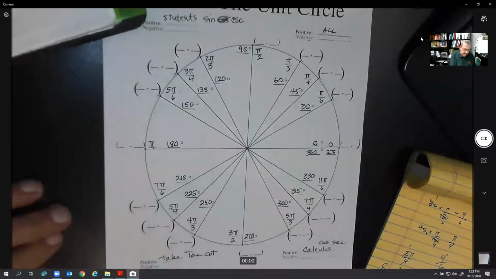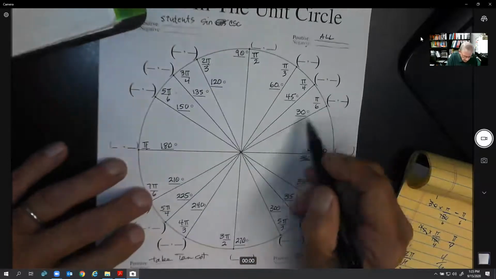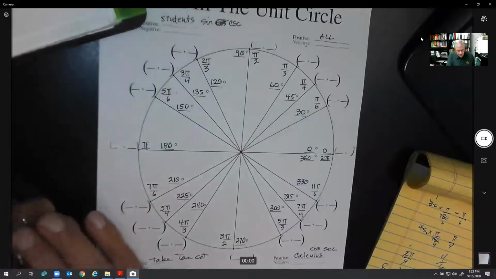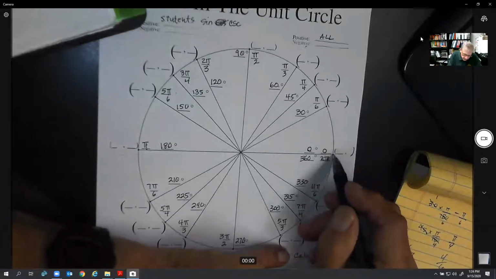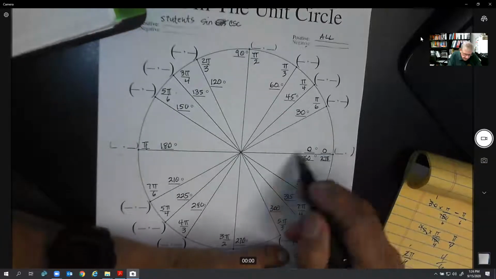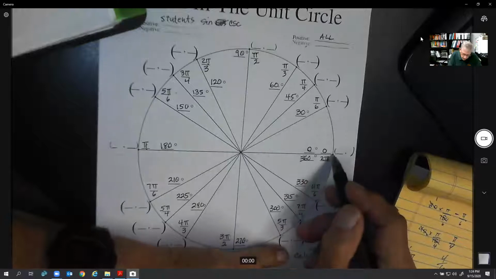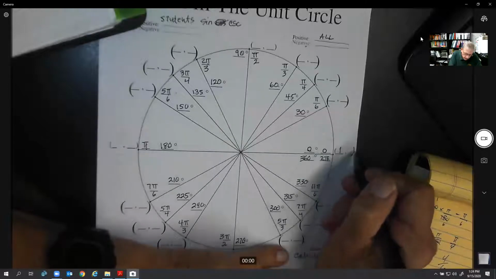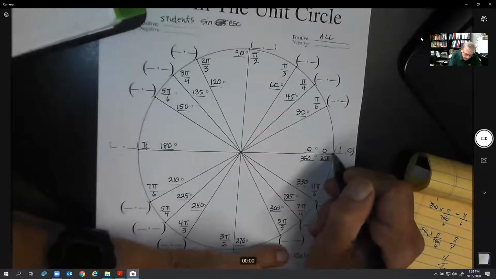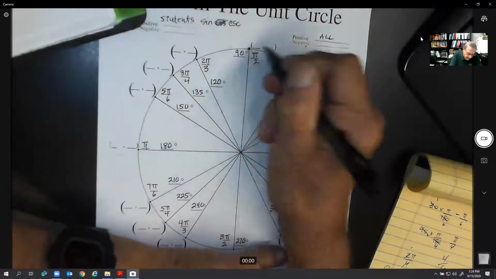Now we're going to fill in the values. What is the value of 30? So let's look at the main ones here. The distance here we said was 1 unit. So this is 1, and this point right here, we don't go up at all. So that's (1, 0). What's the name of this point?